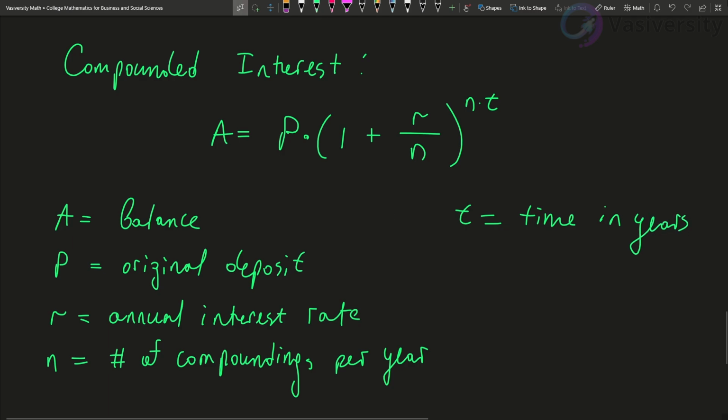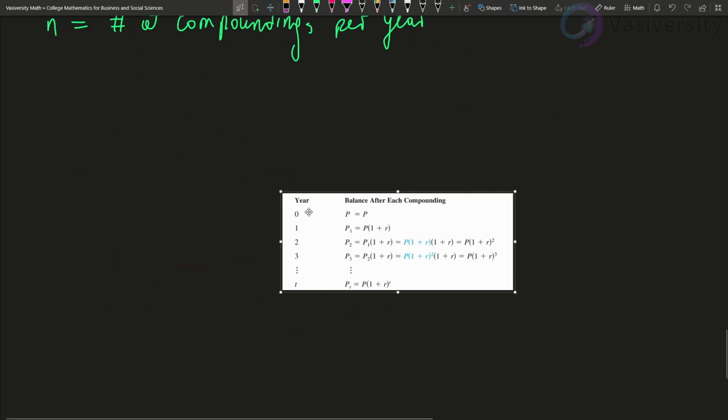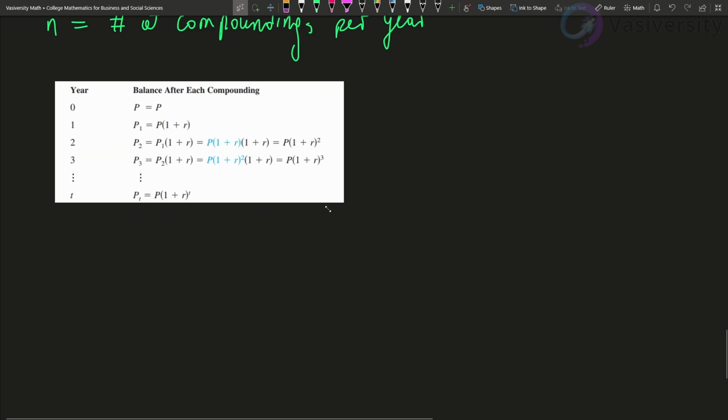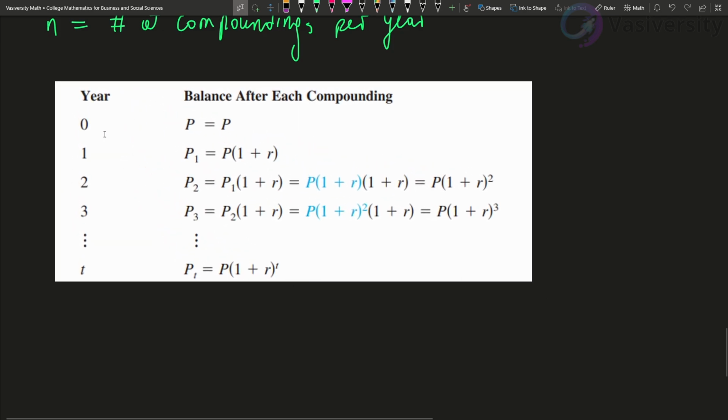Okay, perfect. So essentially, if we have a pattern, right? If we want to do it for many, many years, we can develop that formula in the following manner. At year 0, we have the original payment and we decide to deposit it, right? At the end of the year, the new year begins and we are going to get the full interest. Then at the end of the year, we're going to deposit again the amount.